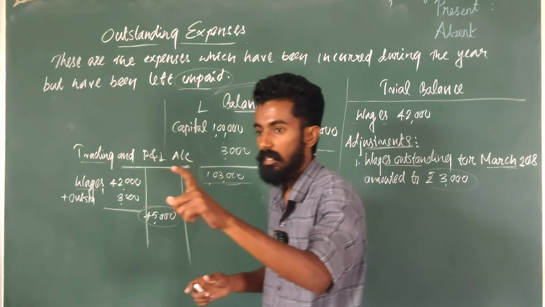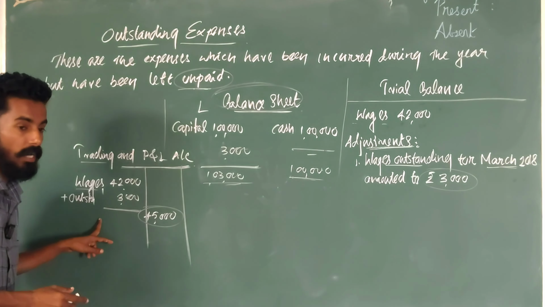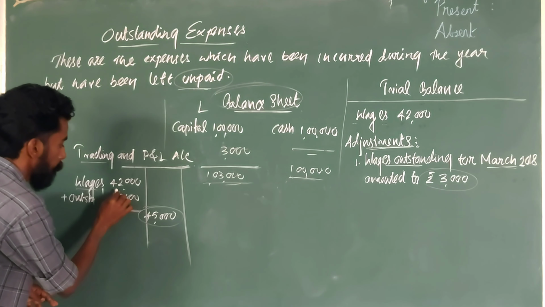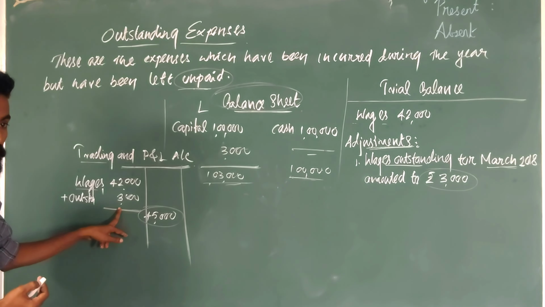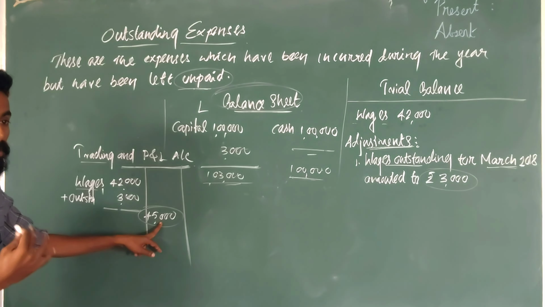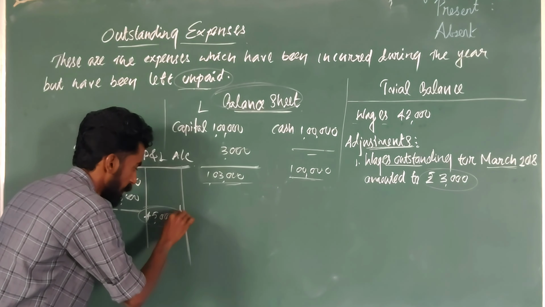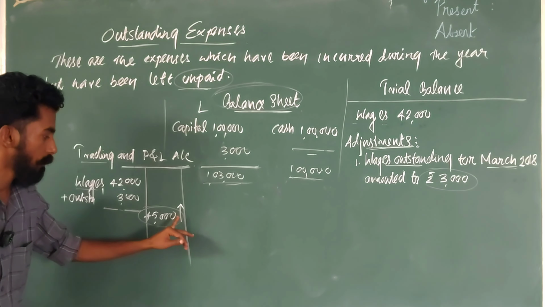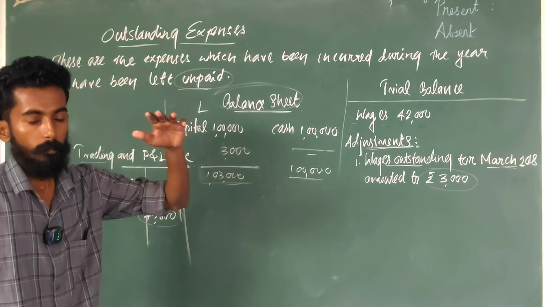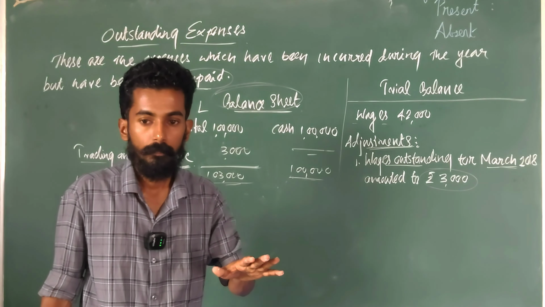If you notice very clearly, whenever we adjust an expense, suppose here our expense was 42,000, we have already added 3,000 rupees. So is the expense going to increase or decrease? The expense is already increased. 42,000 was the original wages, and I added 3,000 rupees. Because of that increase in expense, will our profit go up or down?